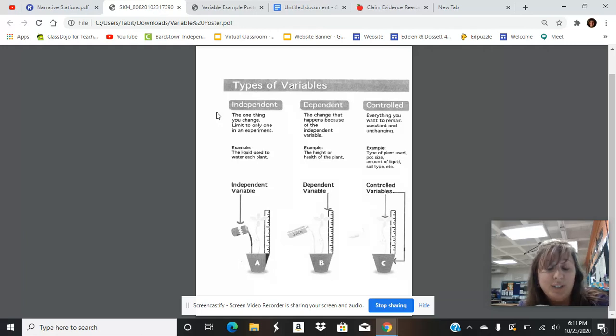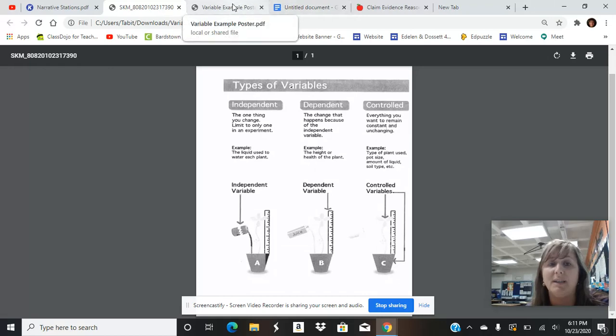They're using the same ruler, probably to measure it. They have the same amount of liquid and the same type of soil, so they're not changing it. That's their control. They're controlling those things. That's what they're keeping constant. Okay? So those are the three types of variables. When we look at the experiment, you're going to find the variables in those two experiments that we're going to do in just a minute.